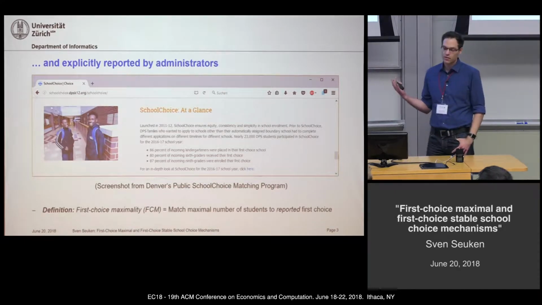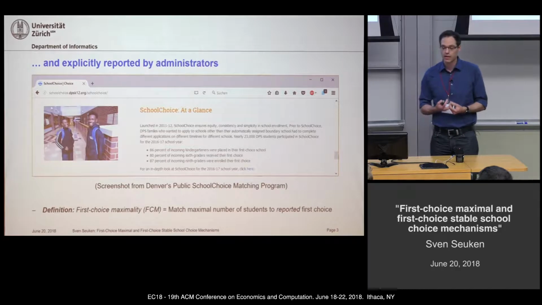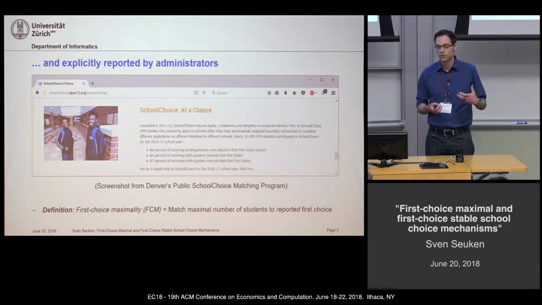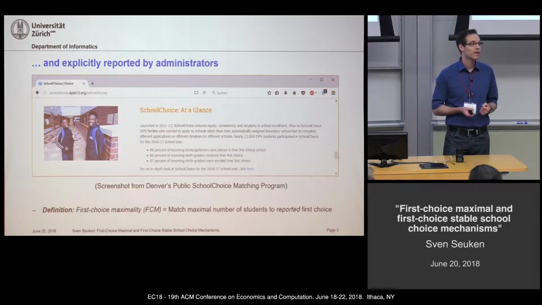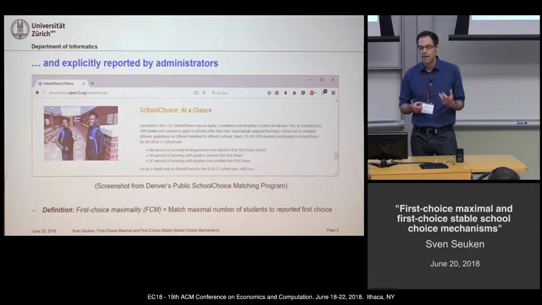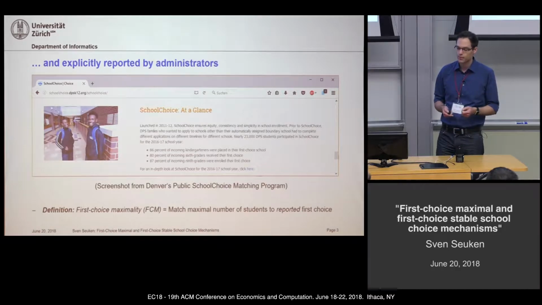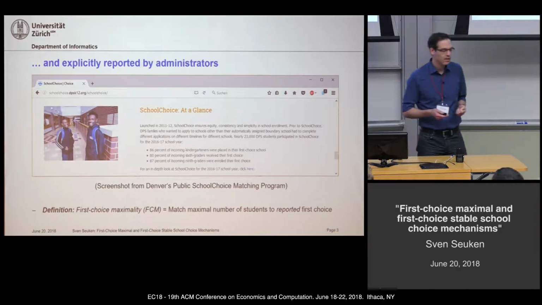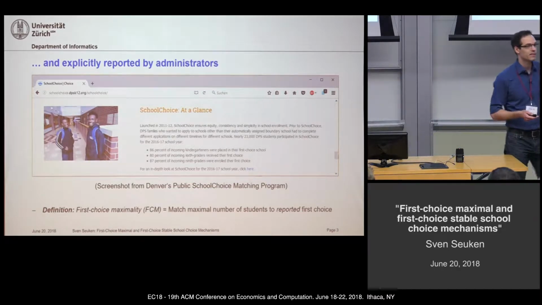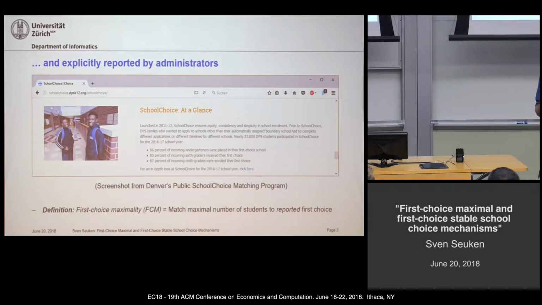So this leads to the first desideratum and the definition we have in the paper, which we call first choice maximality, which requires that a mechanism matches a maximal number of the students to their reported first choices. You can see first choice maximality as some kind of measure for the efficiency of the mechanism.